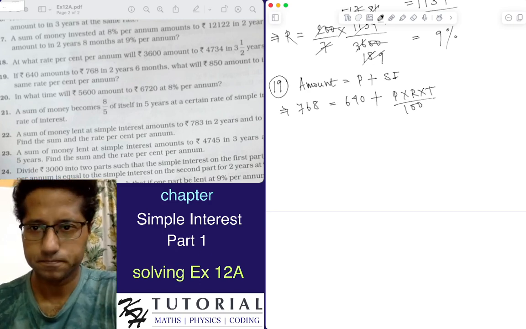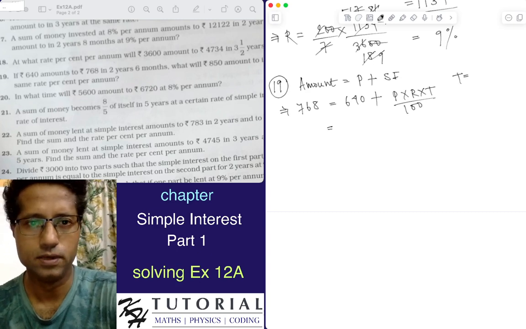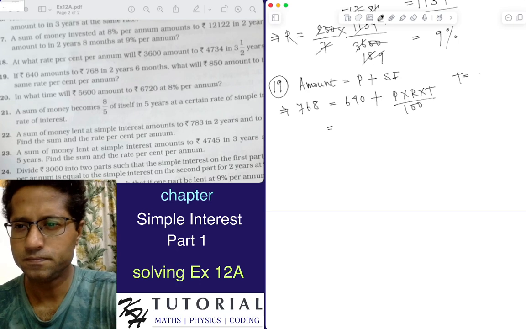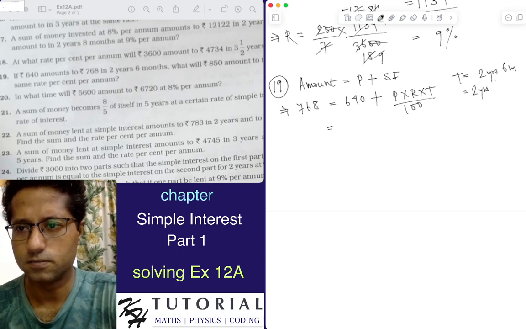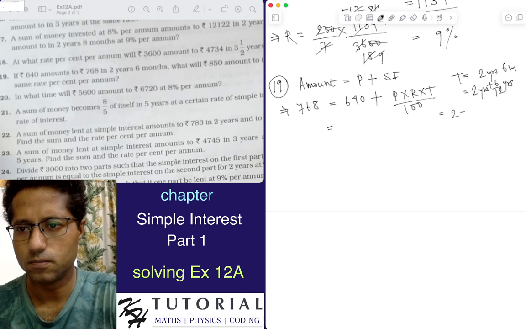Okay, so we have this. Now T is given to be 2 years 6 months. 2 years 6 months means 2 years plus 6 by 12 years. This is 2 plus half years. This is 5 by 2 years.